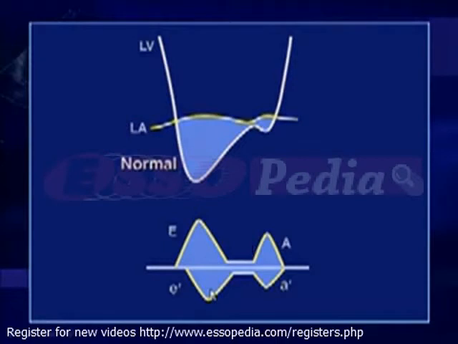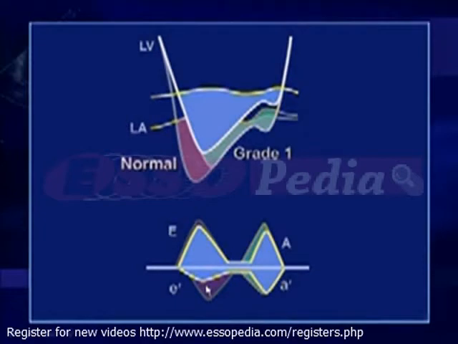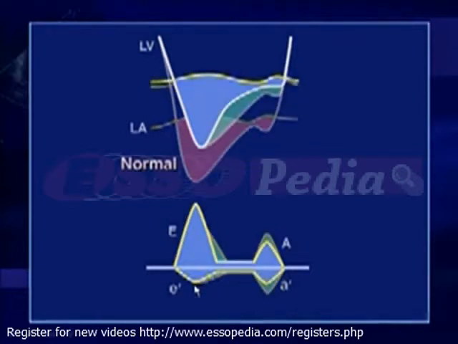As LA pressure rises, the blood is being forced into the LV at a higher pressure, resulting in an increase in the E wave velocity and a reduction in deceleration time. But the E' velocity remains reduced.